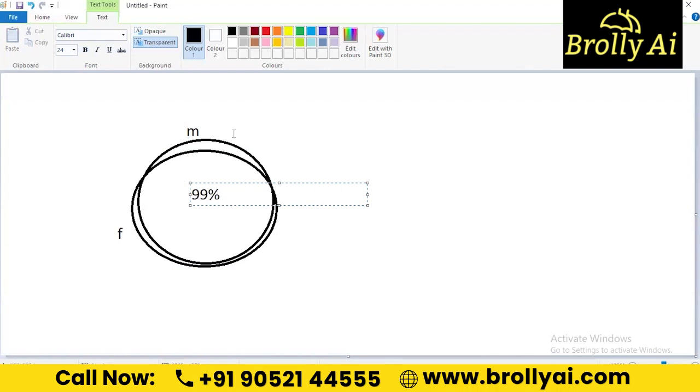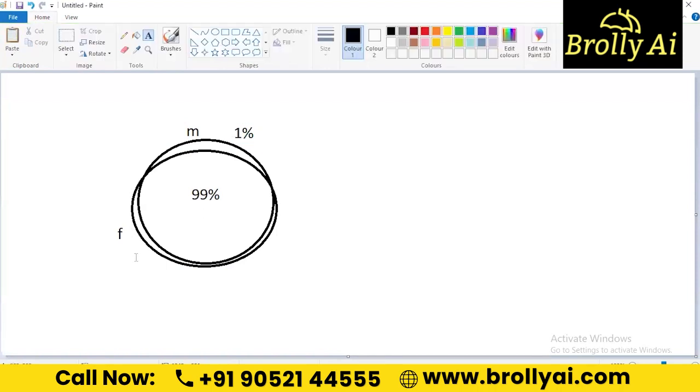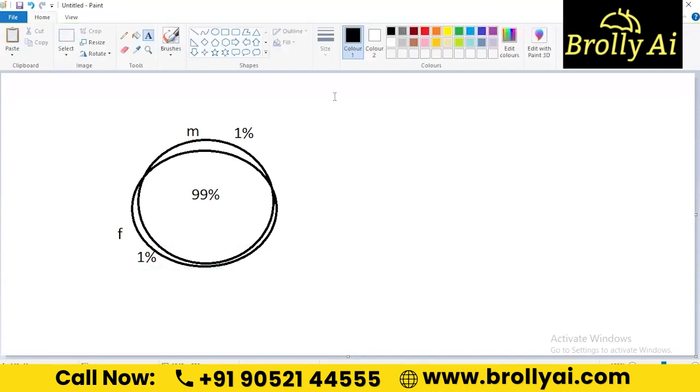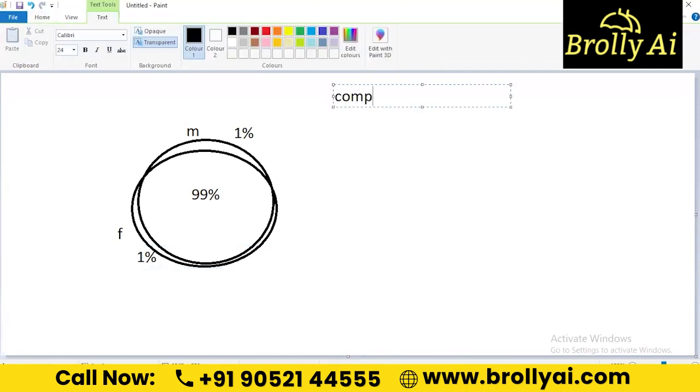Only 1% is distinctive features. 99% common features are there, that's why both seem the same. Your human brain cannot recognize it just by seeing the picture. So this is called complex prediction.